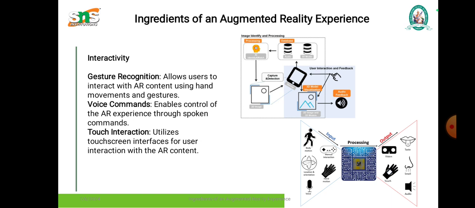Gesture recognition allows the users to interact with the AR content with hand movements and gestures. Voice commands enable the control of the AR experience through spoken commands. And touch interaction utilizes the touch screen interface for user interaction with the AR content.